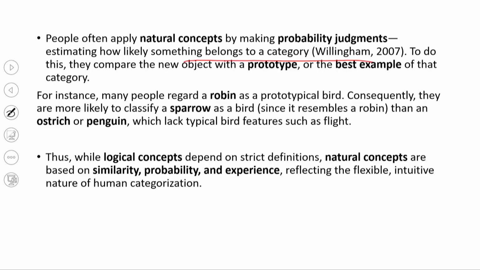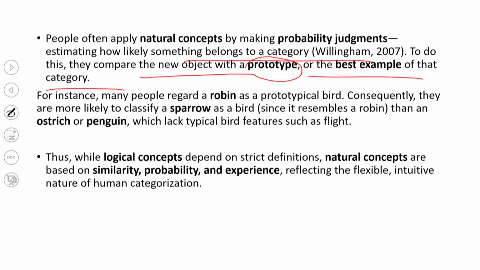To do this, we compare the new object with a prototype, or the best example of that category. Many times we have a typical case of a particular category, and whenever we see a new object, we compare it with the typical example of that category, which is called a prototype. If that matches, we say this comes under this category. We just use some probability estimates.